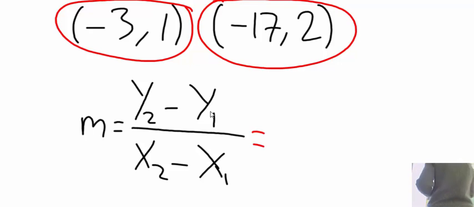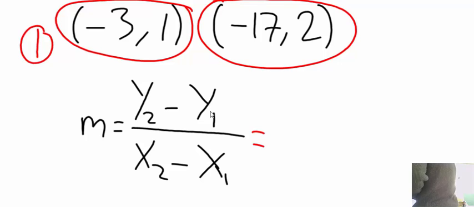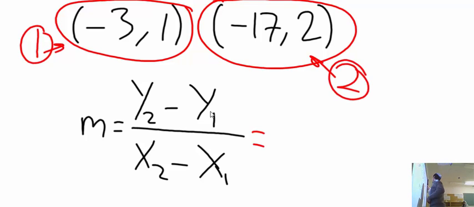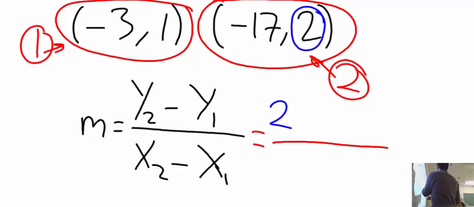This is first, so this will be number 1. That makes this one number 2. So the formula: m equals y2 minus y1, divided by x2 minus x1. y2 is the second one, and y's are always here. So write down 2 minus y1, which is right over here, 1.